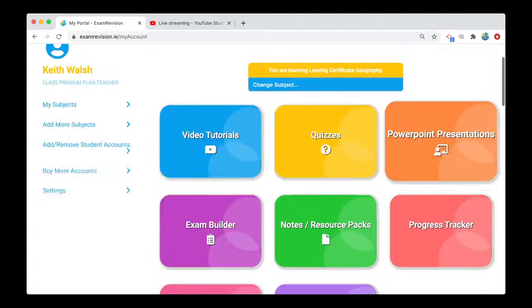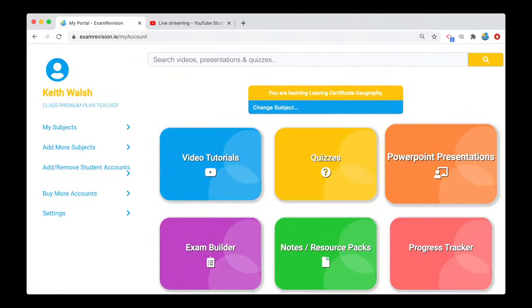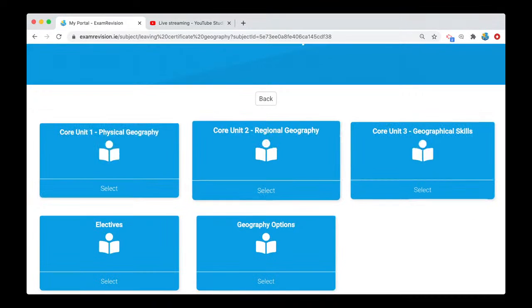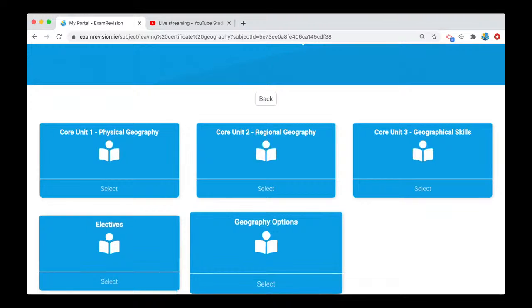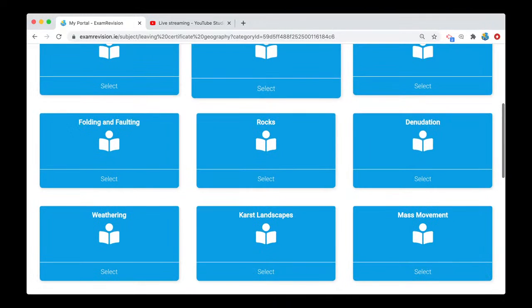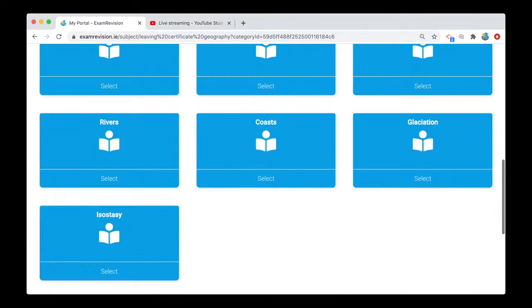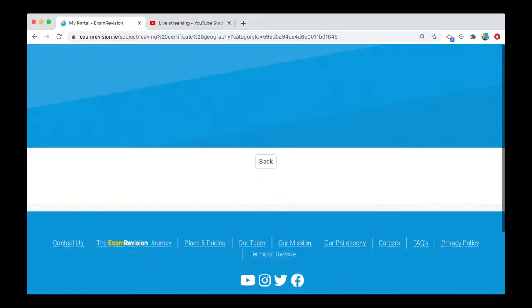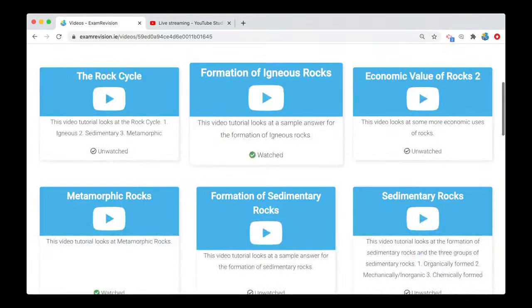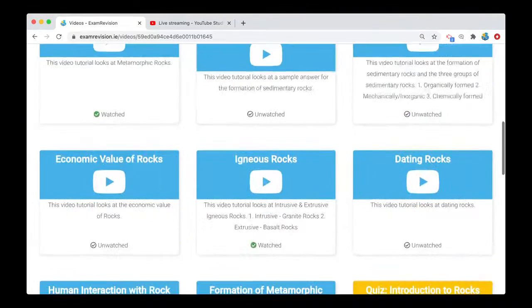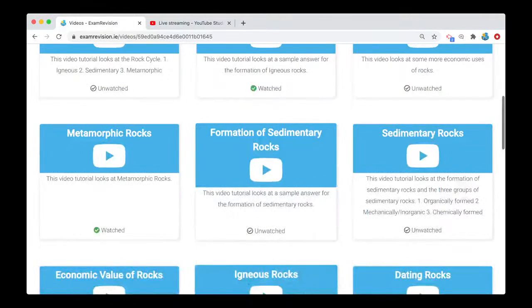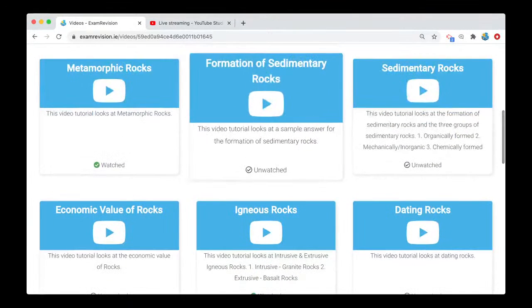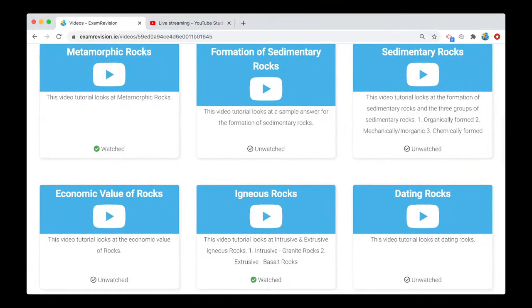So for example, if I want to go to my PowerPoints, I've got the whole course done. We've got the physical, the regional, geographical skills, the 2 electives and the options. Inside the physical geography core unit 1, we have everything in here. So if you wanted the rocks, what we were looking at today, inside here there are 11 videos similar to what we've gone through today, but talking in a little bit more detail and a little bit slower because I'm explaining it, where today's lesson is more on revision.